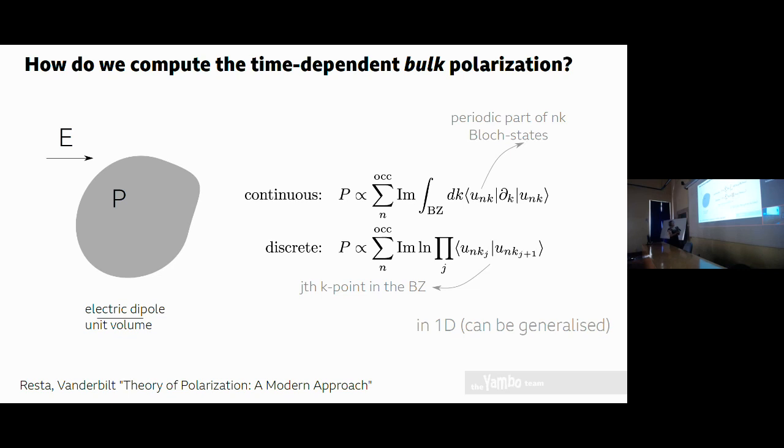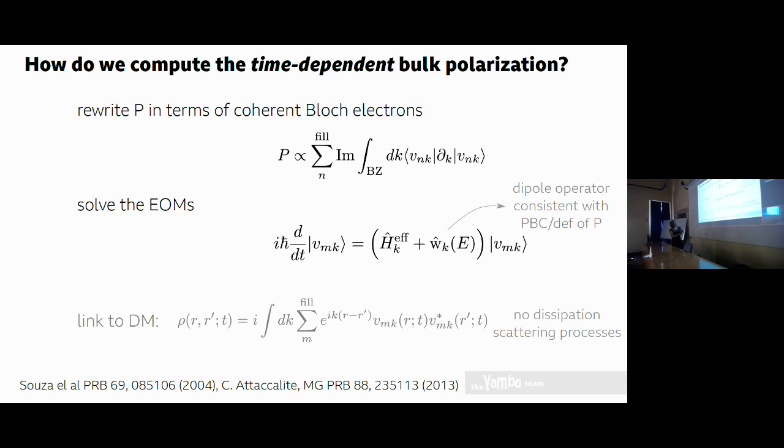As I say, this is the polarization, but we want the time-dependent polarization. In this work by Souza, Íñiguez and Vanderbilt, this was generalized to the time-dependent polarization. So the expression you see is the same.